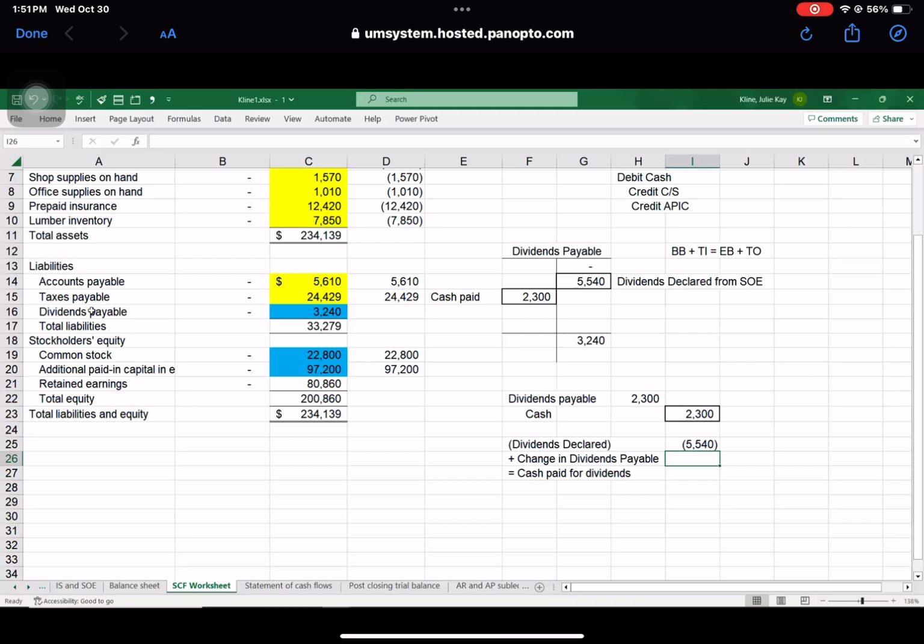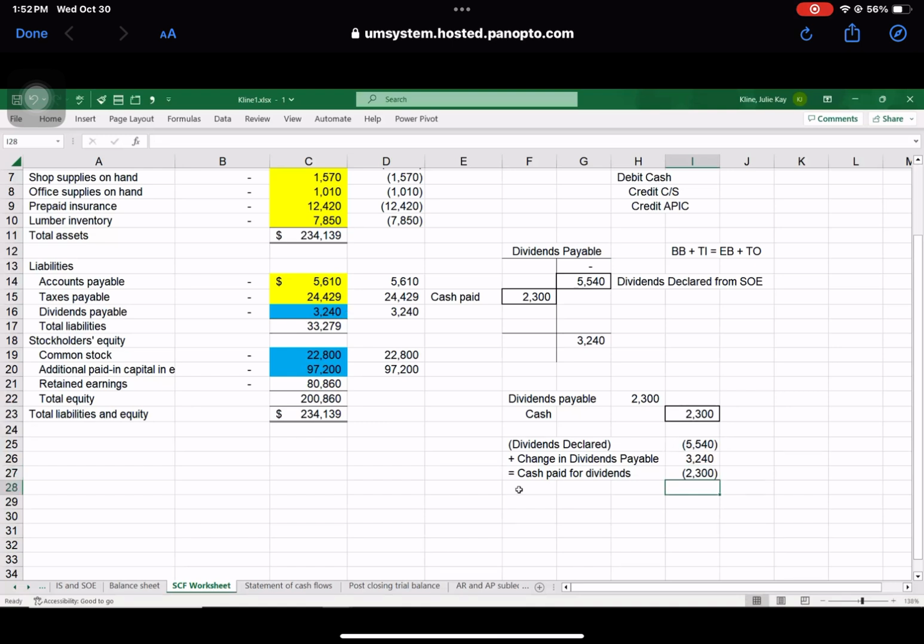Now, the change in the payable can come from here, right? It went up this year by 3,240, and we're going to keep that sign, 3,240. Now, it could have gone down. If dividends payable went down, you would put this as a negative number. Cash paid for dividends then is going to be the negative dividends declared plus the change in dividends payable, keeping whatever sign is there in your change.